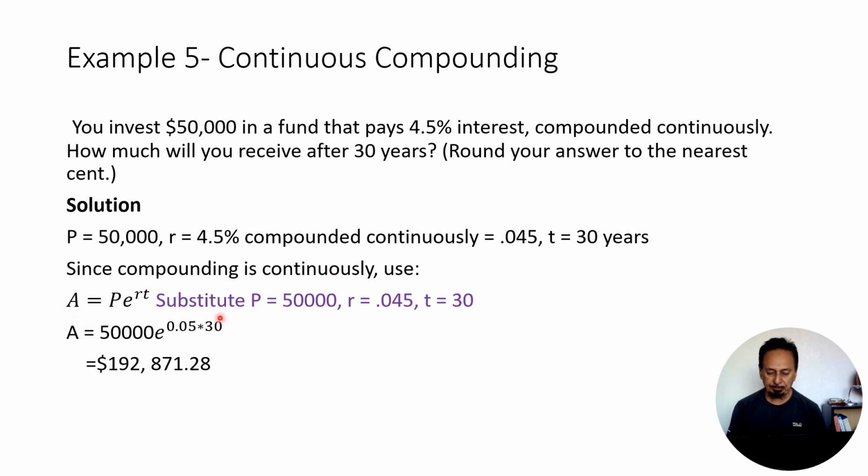All I have to do is substitute P equal to 50,000, R equal to 0.045, and T is 30. So I get A equals 50,000 times e to the 0.045 times 30, and now put this in the calculator and you should get 192,871.28.